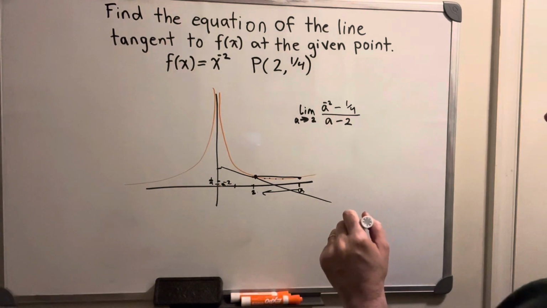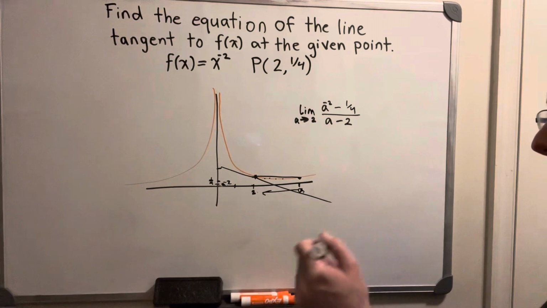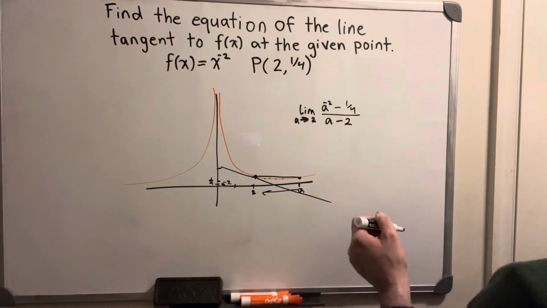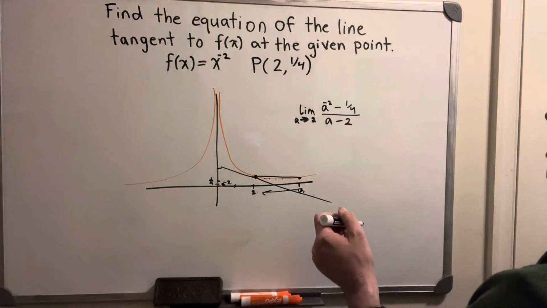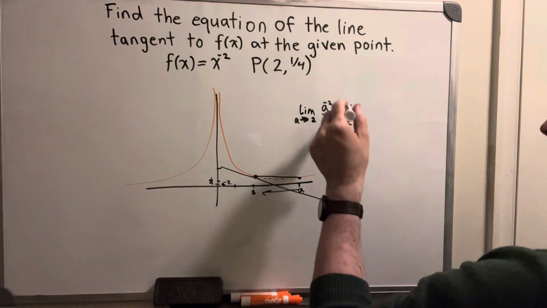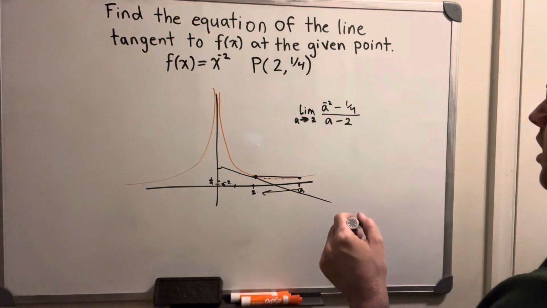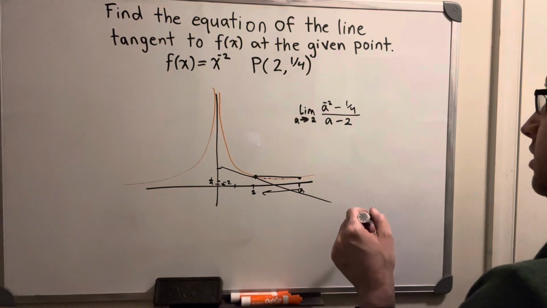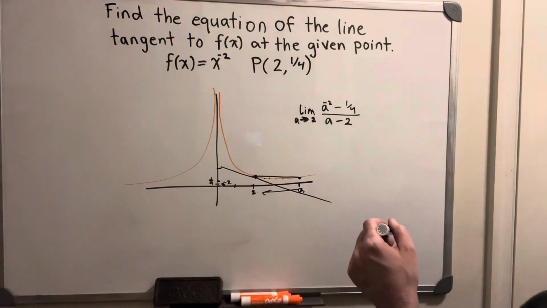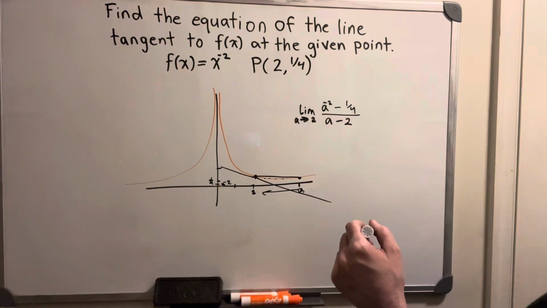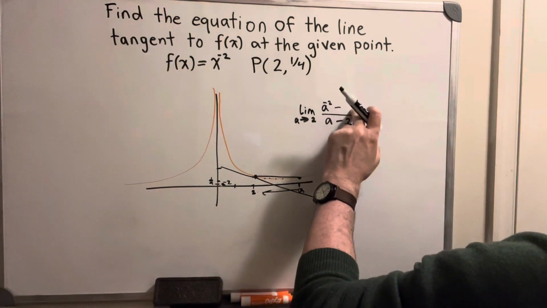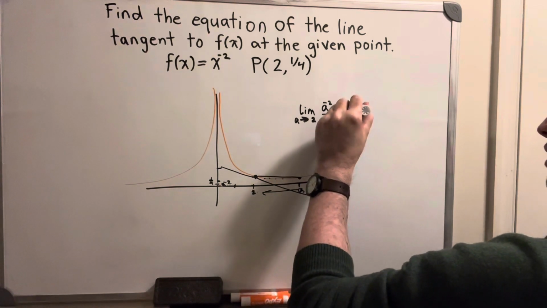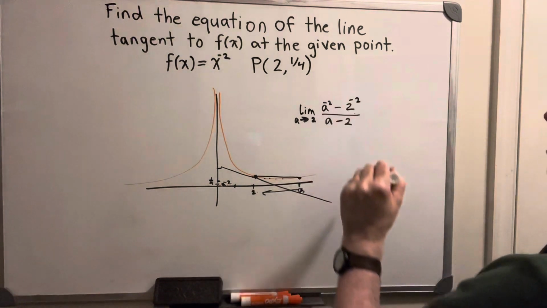So, how do we solve this one? Think about this. How do you handle the difference of squares? Can we write this? Is 1/4 the same as 2 to the minus 2?